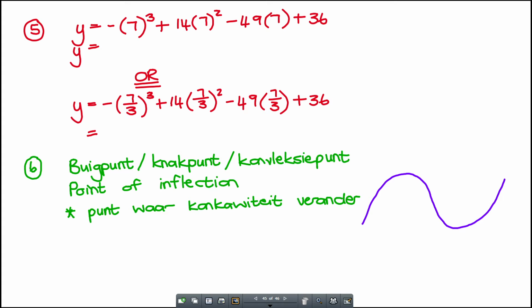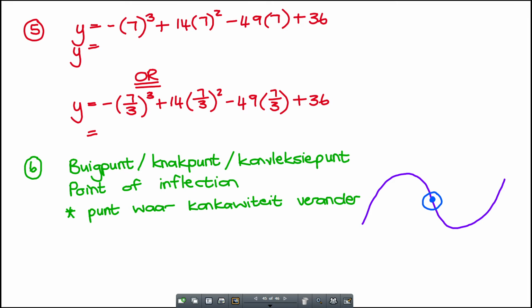All right, so basically, if you look at this graph, this is concave down, and then somewhere over here it has to change so that from there I have concave up. Do you guys agree? So that means the point of inflection, die buigpunt, gaan daar wees, between where it goes from concave down to concave up.